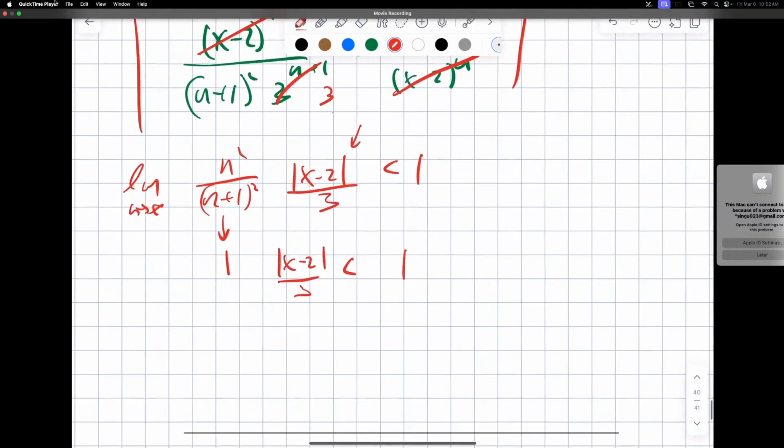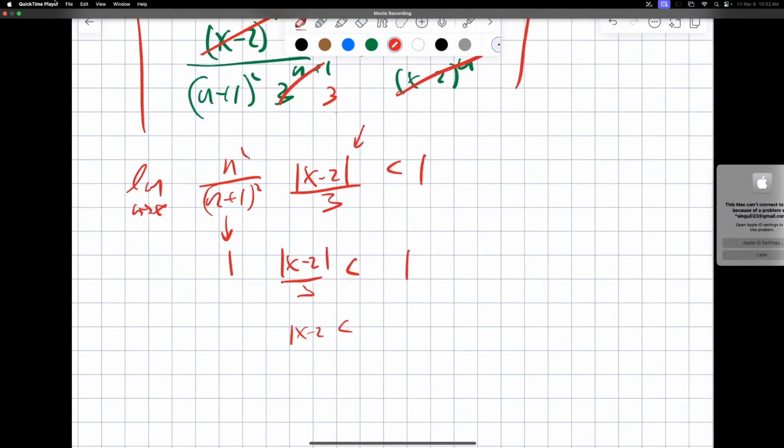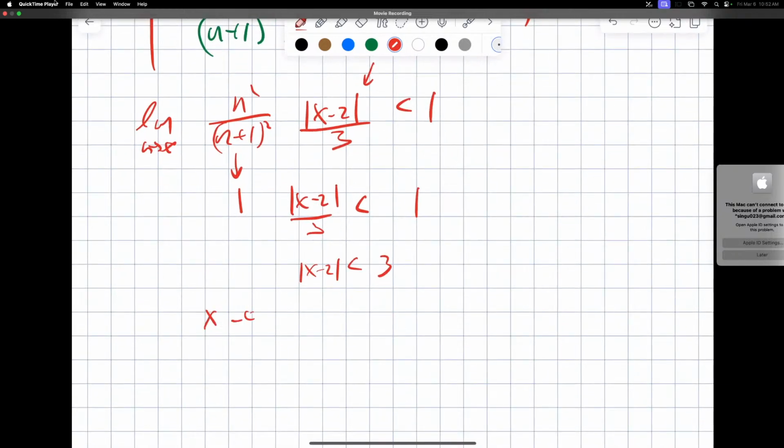So x minus 2 less than 3, so x is less than 5. And x minus 2 is greater than negative 3, so x is greater than negative 1. So it's negative 1 to 5.